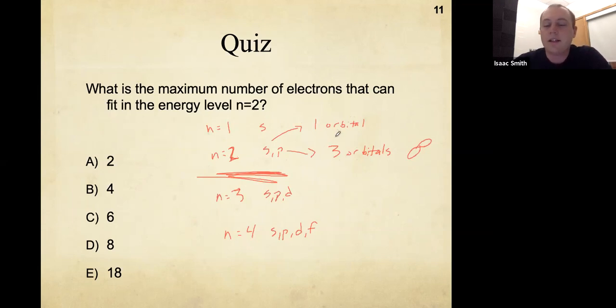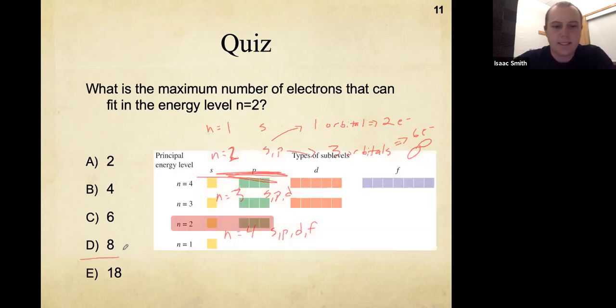So we remember that each orbital holds 2 electrons. So in this s sublevel, there's 1 orbital. So that gives us 2 electrons. And then in the p sublevel, there's 3 orbitals, which allows us 6 electrons. So in the n equals 2 energy level, we have a total of 8 electrons that can fill that energy level, right?